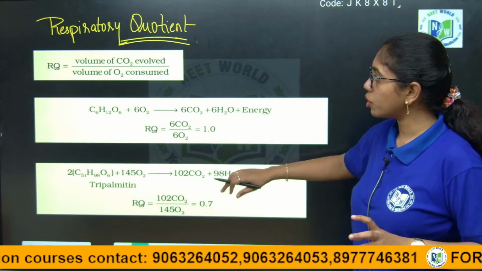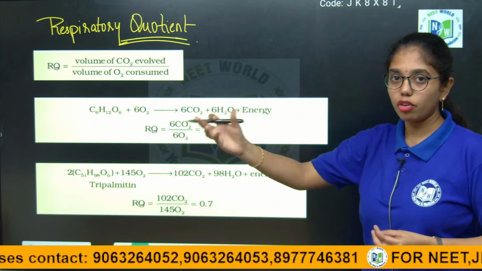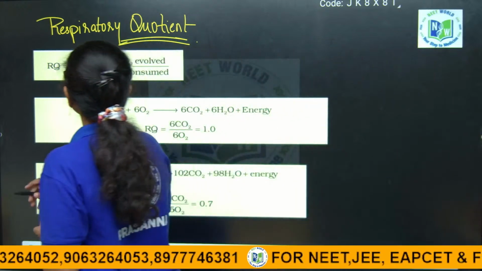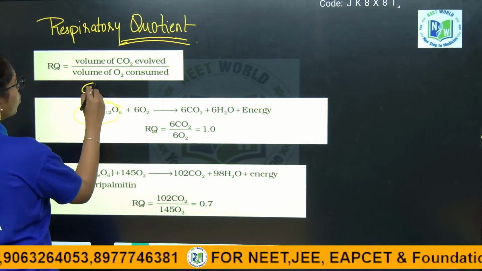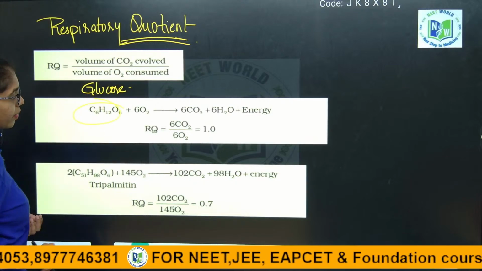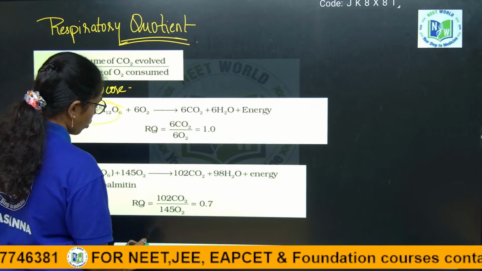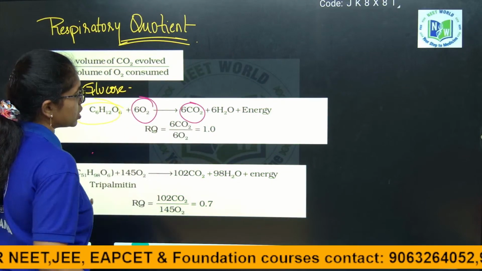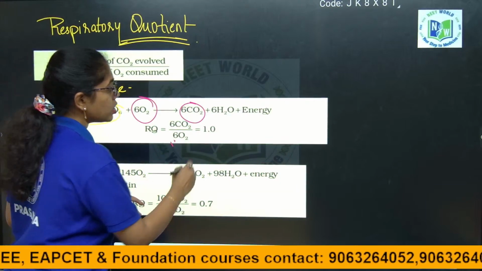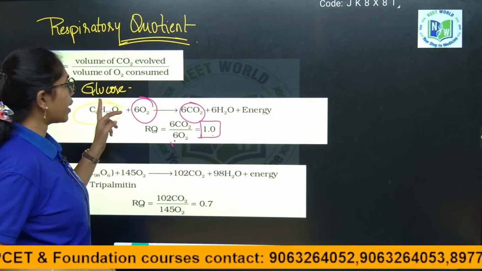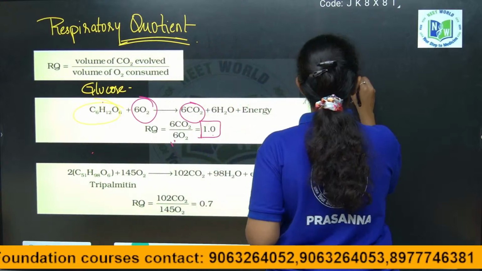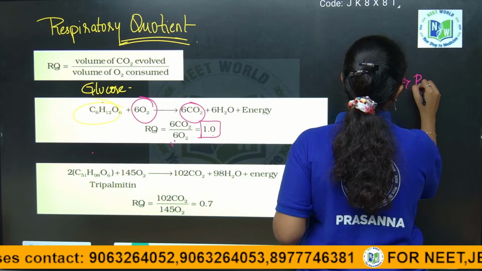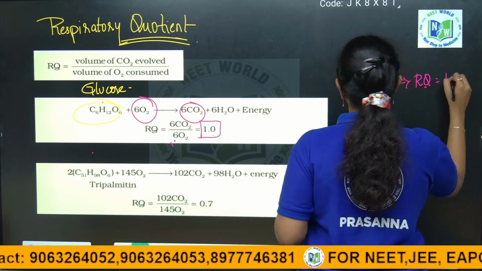If glucose is the respiratory substrate, 6 carbon dioxide molecules are evolved and 6 oxygen molecules are utilized. So 1 is the RQ value if glucose is the respiratory substrate, okay.